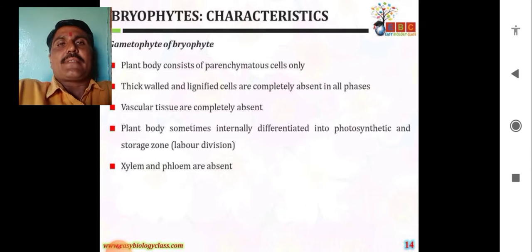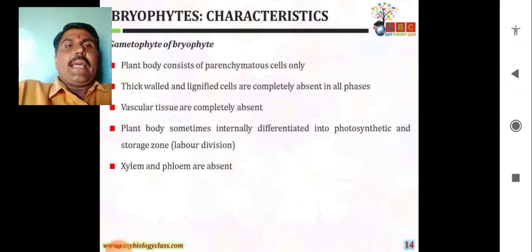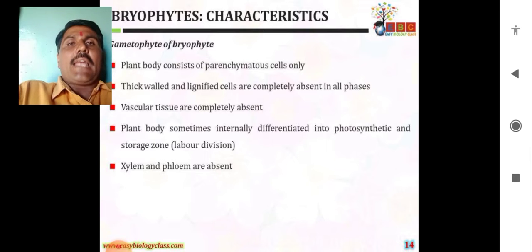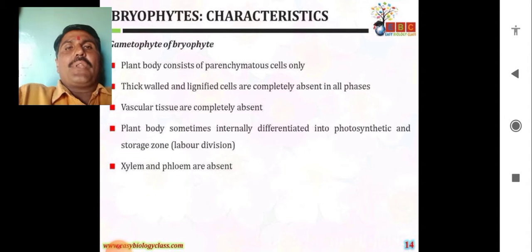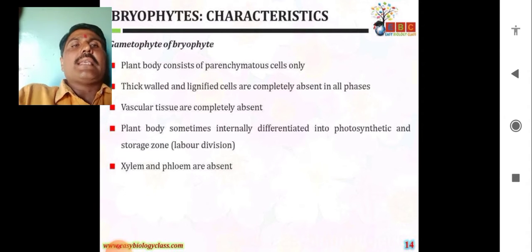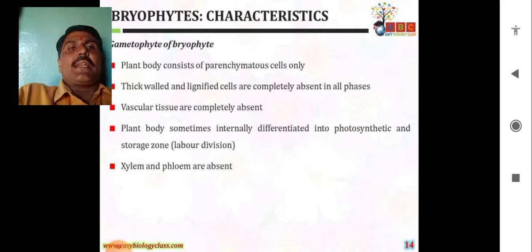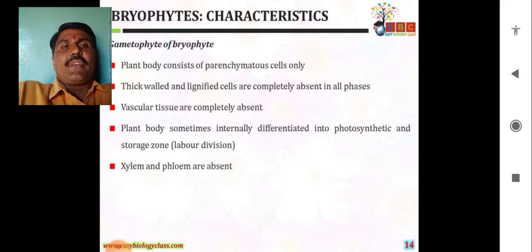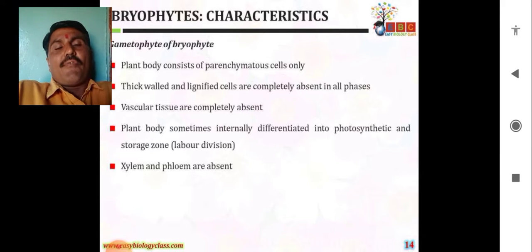Lignified cells means the cells which are made up of lignin, and it is one of the most strengthening components which provides strength and mechanical support, or what we can say the rigidity, to the tissue or to the plants. So what we see is that thick-walled and lignified cells are completely absent in all phases.